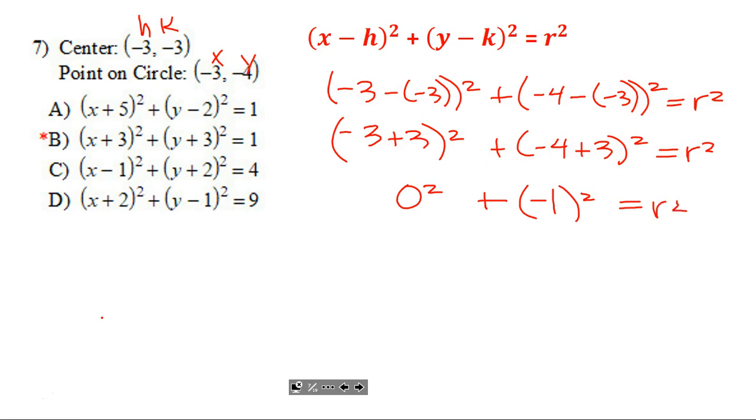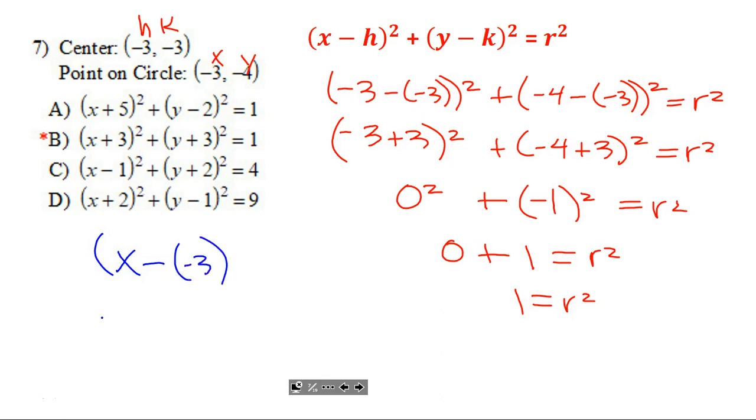So 0 squared is obviously 0, plus -1 squared is 1. That's equal to R squared. So 1 is equal to R squared. Now we could simplify that more, but we can just plug it into the equation the way it is. So again, now we have to plug in H and K. So we're going to do our X minus our H, which was 3 minus a -3, squared, plus Y minus a -3, squared.